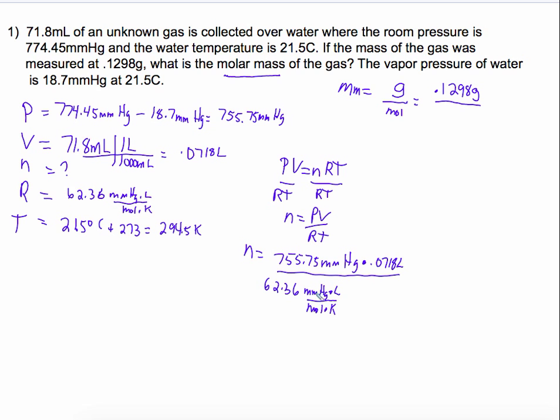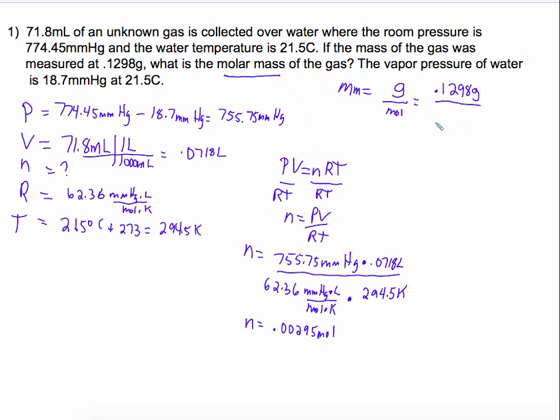Whenever you plug in the R value, it's a good time to make sure that your units are matching: millimeters of mercury, liters. We're looking for moles, and our temperature should be in Kelvin. The R value is just a reminder to have everything in the correct units. If you do the math, you end up getting something like 0.00295 moles.